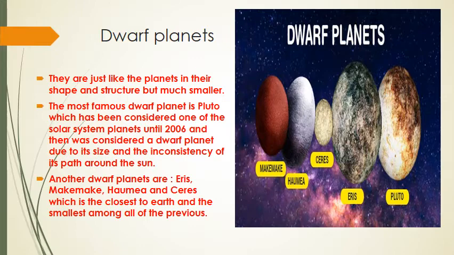For example, Earth revolves around the sun every 365 days. But in the case of Pluto, the scientists could not figure out a specific time that Pluto completes a revolution around the sun. And it doesn't have a distinct pathway that it moves in.